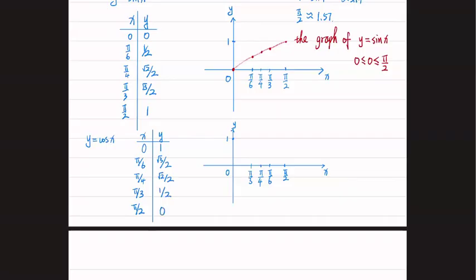Okay, let's mark the points. X is 0, y equals 1, the first point. I marked the points wrong, so let me make corrections. This should be pi over 3, this should be pi over 6, and this point is 1/2.